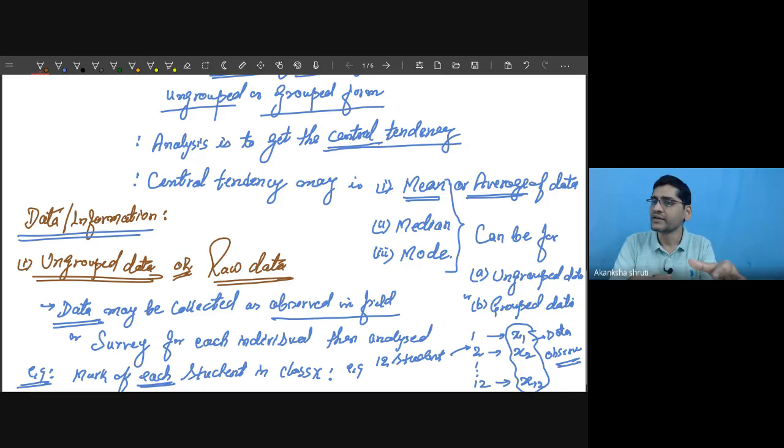If anyone, or any parent, asks me how much percentage of marks your student is getting, I cannot say the marks of the highest person, or the highest marks of one student or the lowest marks of another student. Rather, on an average, a teacher says, yes, a student is securing 76%, 80%, like that. Get it?